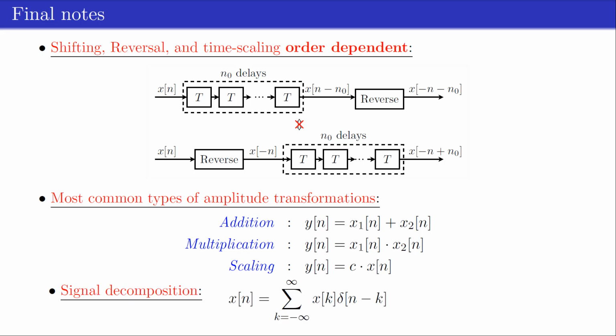Finally, the delta pulse may be used to decompose an arbitrary signal x[n] into a possibly infinite sum of weighted and shifted delta pulses. Each term in the sum, x[k] delta[n minus k], can be viewed as a signal that has amplitude x[k] at index n equal to k and a value of 0 for all other values of index n.